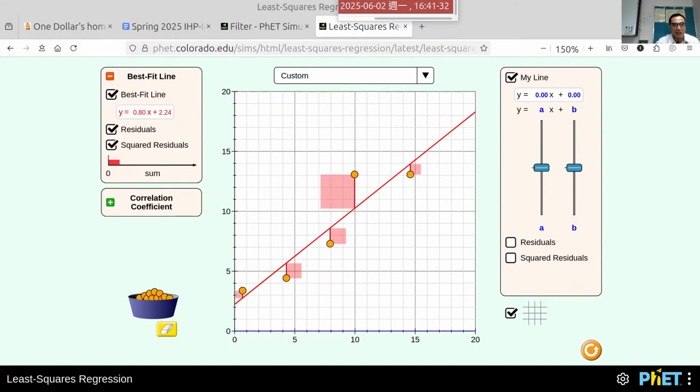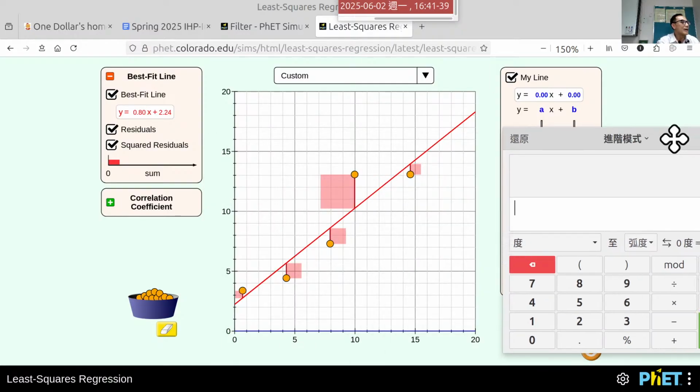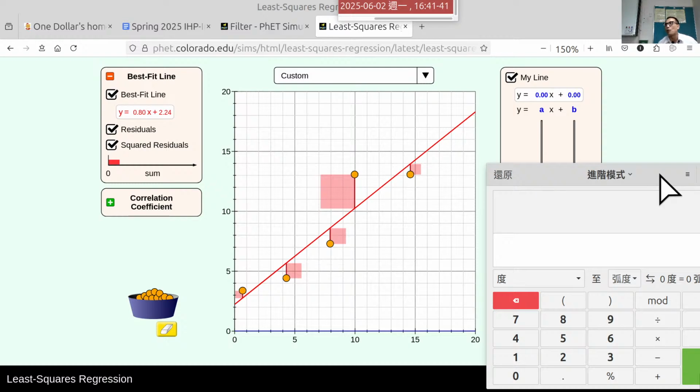Okay, where is my computer calculator? For example, if we have input value 12, what will be the y?